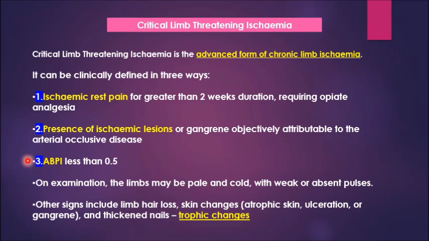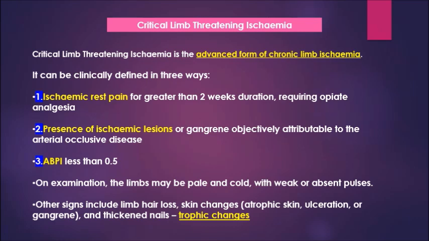On examination, the limbs may be pale, cold, with weak or absent pulses. Other signs include chronic limb ischemic signs such as hair loss, skin changes such as trophic skin, ulceration or gangrene, and thickened nails. These are called the trophic changes of chronic limb ischemia.